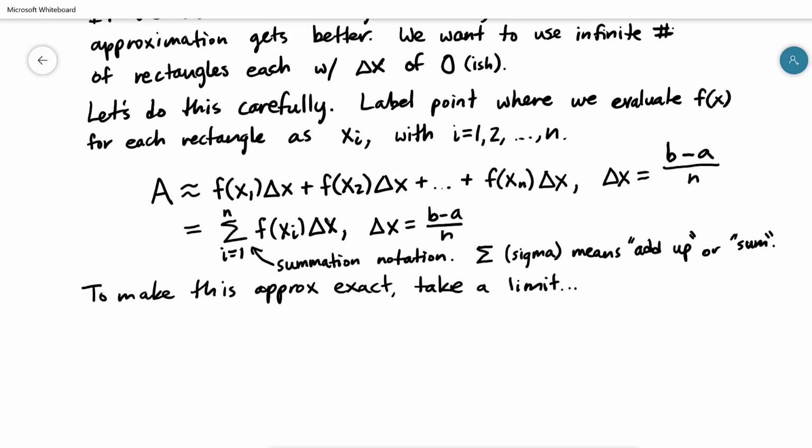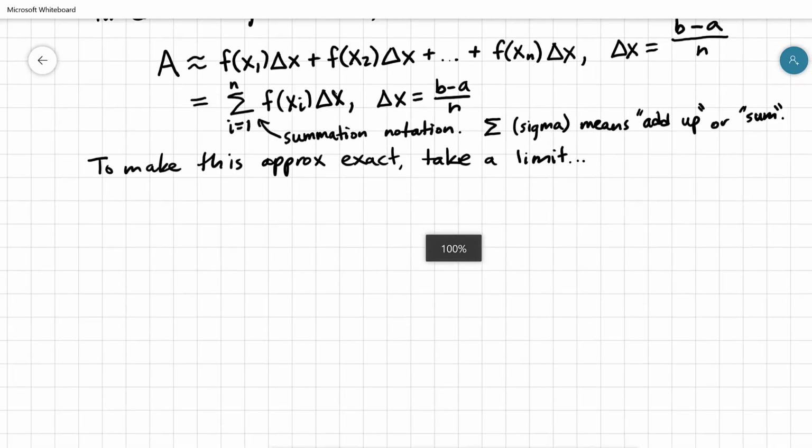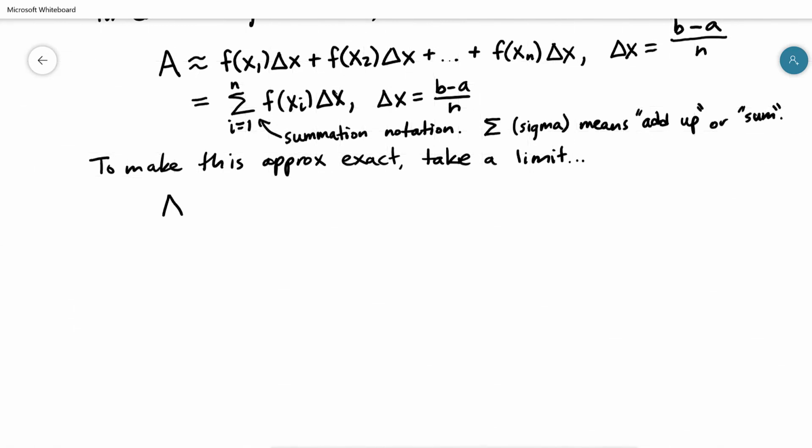So what is that limit going to look like? If a was approximately equal to what we have here, all I need to do now is take the limit as n goes to infinity, as we chop this thing up into an infinite number of pieces.